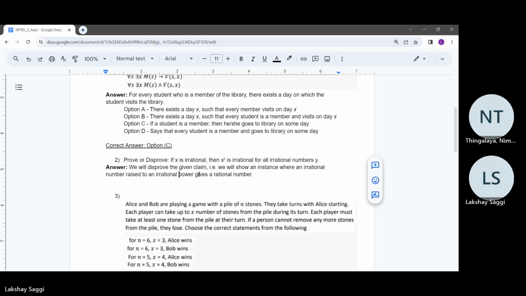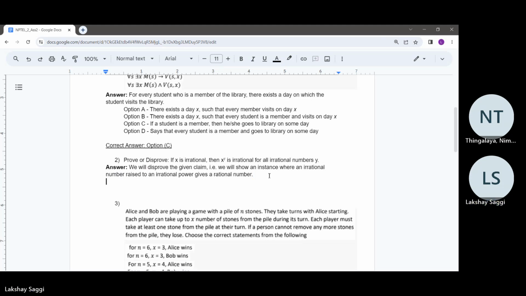So we show an instance where an irrational number raised to an irrational power gives a rational number.